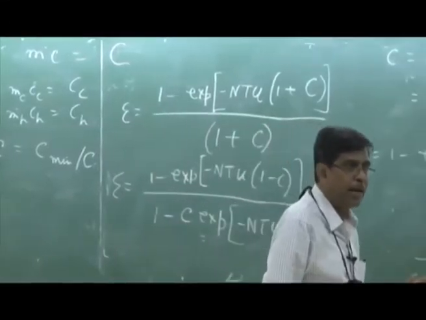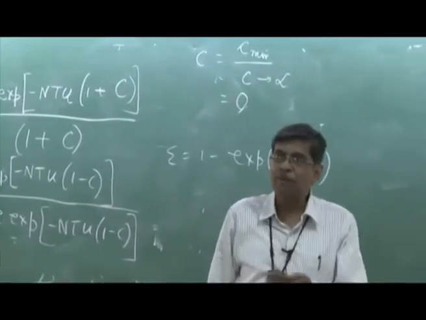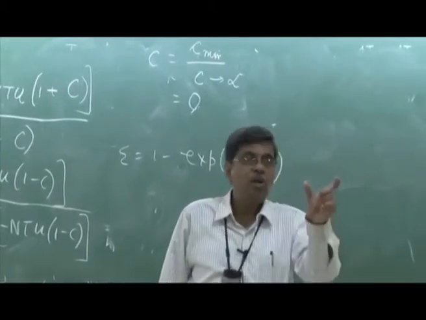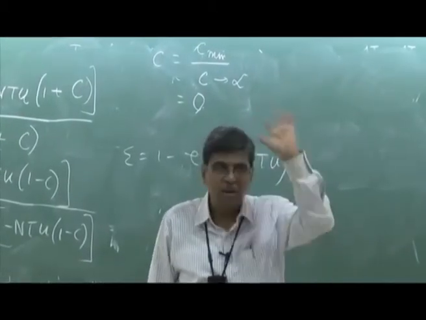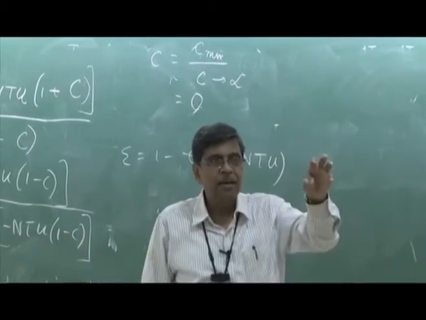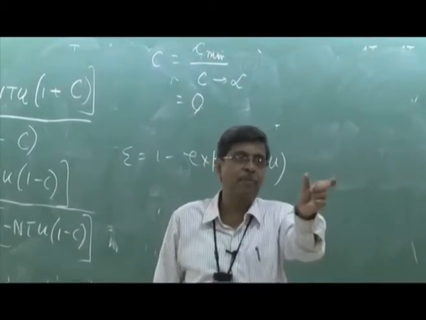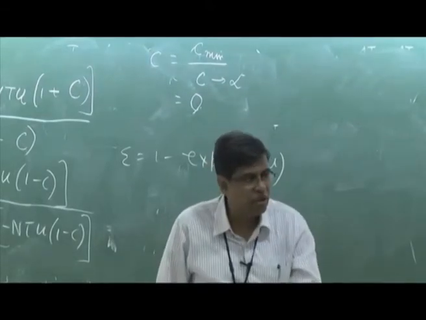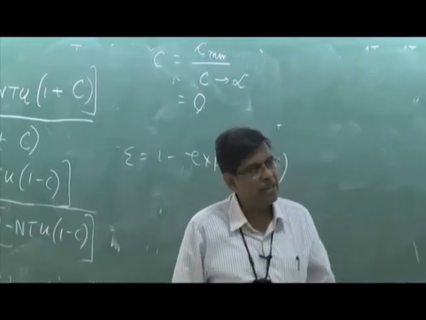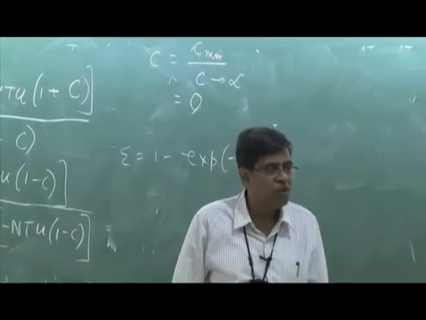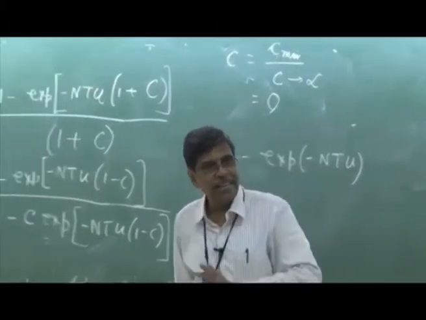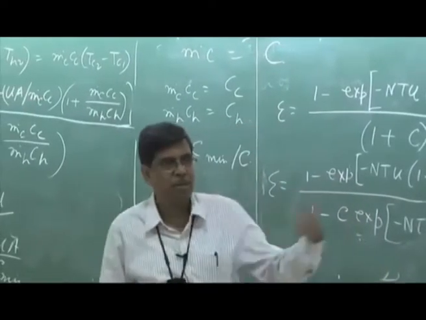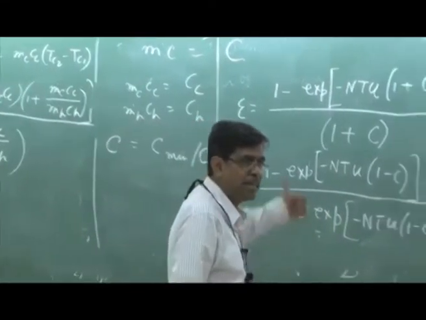Any problem? Okay. So we can find out the epsilon, and whenever we find out the epsilon, with TH1 and TC1 known, it works. Then from the definition of epsilon, I can find out the temperature difference of the minimum fluid. That means the heat load will come. The temperature difference of the other fluid will also come. So where rating, heating load and cooling load is not done, but size is given, the NTU epsilon method is an explicit method.